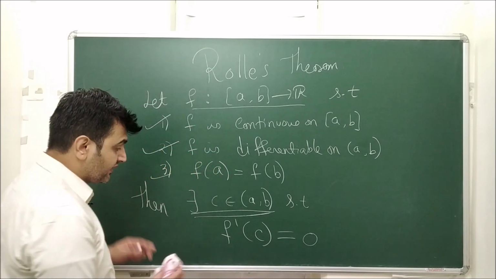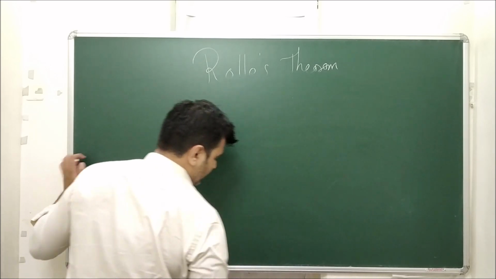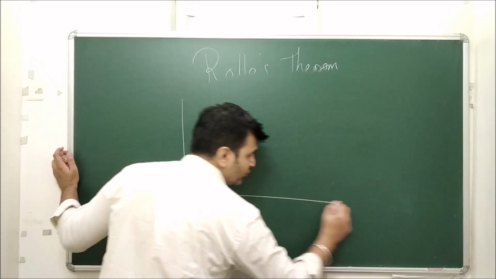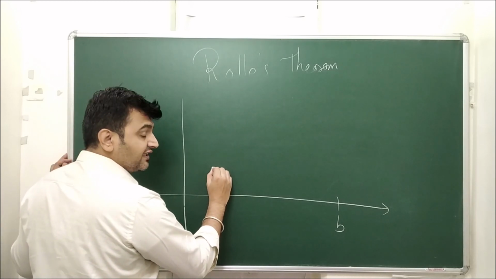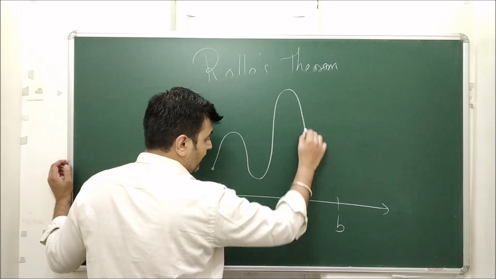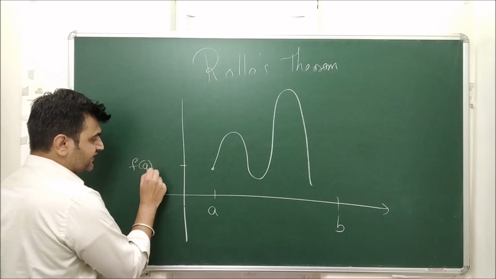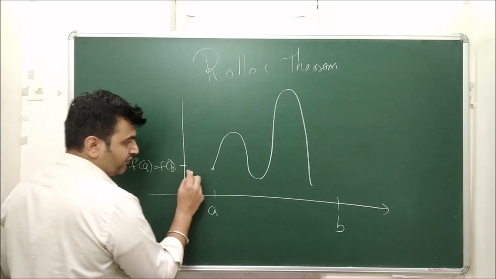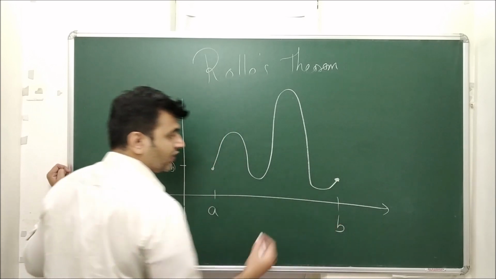Now what does this mean? Let me try to tell you with the help of a graph. Suppose this is my domain over here, a and b. You have a nice function, continuous and differentiable, so you have a smooth function and your f(a) is equal to f(b). So if this is my f(a), my f(b) is also the same.